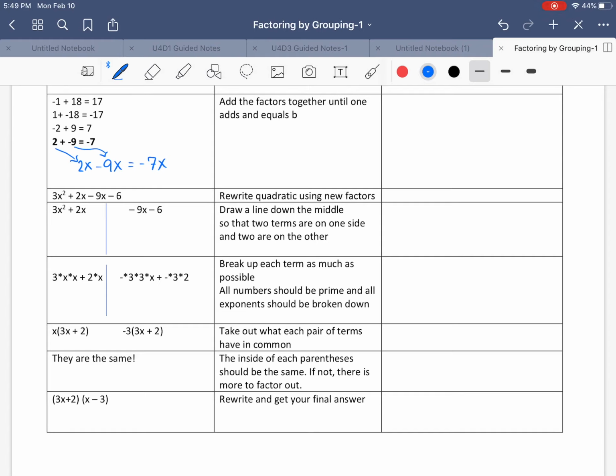And what we're going to do is break down each of those terms as much as you possibly can, which means all numbers should be broken down into their prime numbers, and all exponents should be broken down.